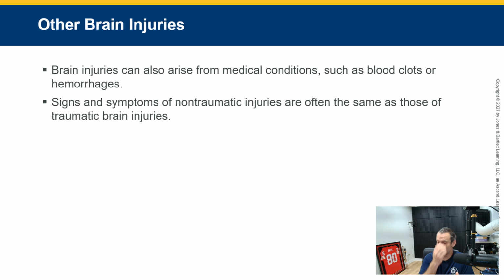The resulting signs of this could look very similar to a TBI. The patient could develop confusion, slurred speech, unequal pupils, vomiting, and altered level of consciousness. But the sequencing of events is what matters. A stroke or a seizure may cause the patient to collapse and strike their head.